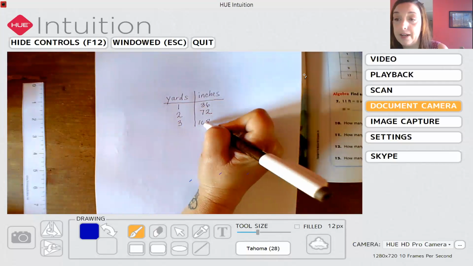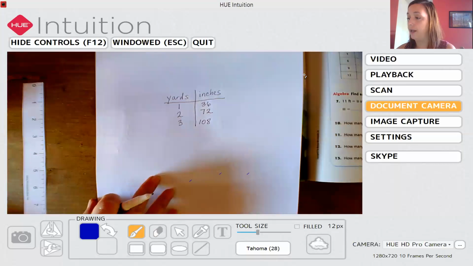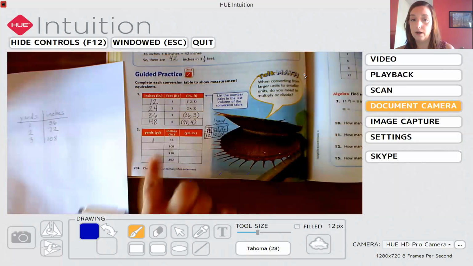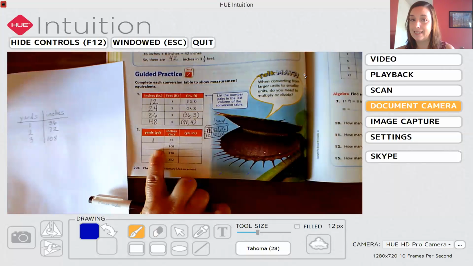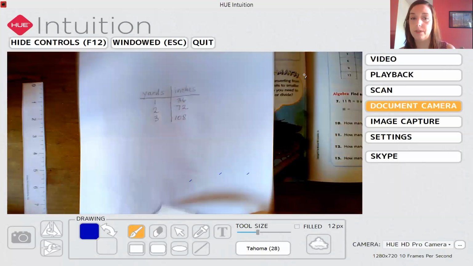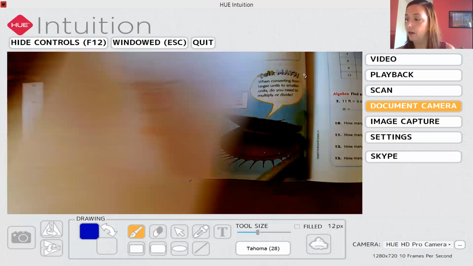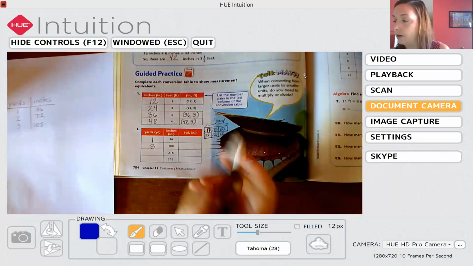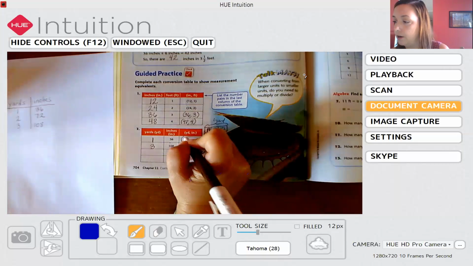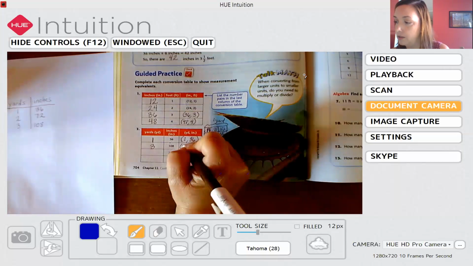So that would be 108. So if I go back to my yards here, I can see that it would be 3 yards because I used my ratio table to figure that out, okay? Now I have to make my ordered pairs, sorry. So this is 1 yard and 36 inches, and then this one is 3 yards, 108 inches.